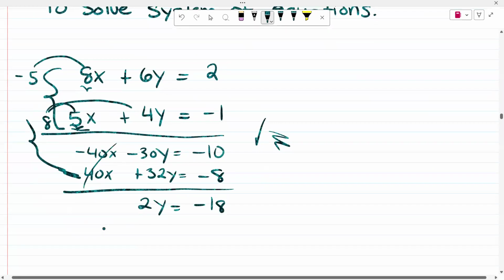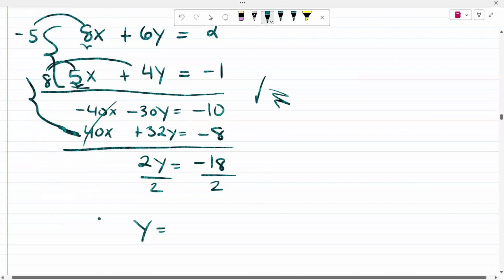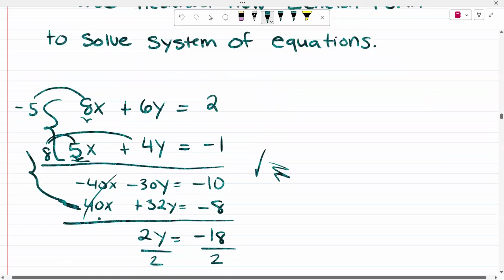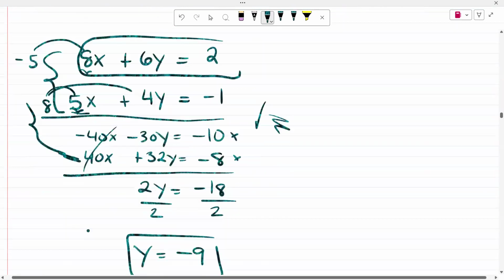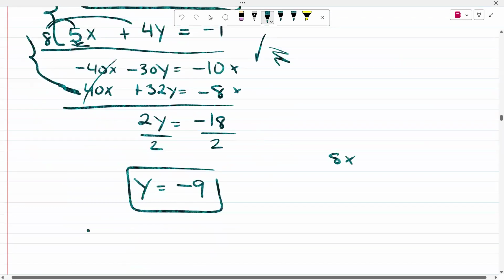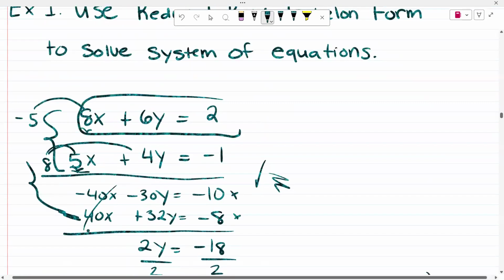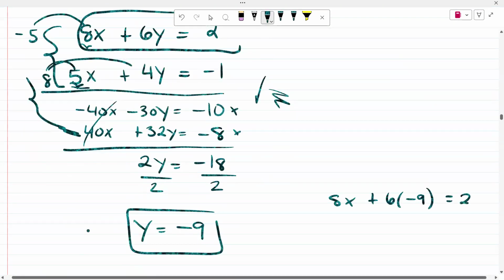And then go ahead and solve for y. So you're going to divide this by 2. y equals negative 9. Okay, now you want to solve for x by substituting your y into either of the original equations, not this one. So if you put it here, that's fine. It would be 8x plus 6 times negative 9 equals 2.